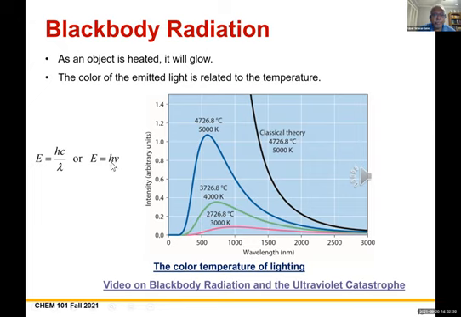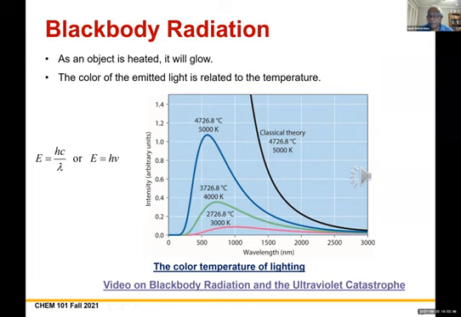Planck constant is the h. Energy is Planck constant times frequency. You can rearrange this equation by replacing frequency with c divided by lambda. That equation was successful in explaining black body radiation.